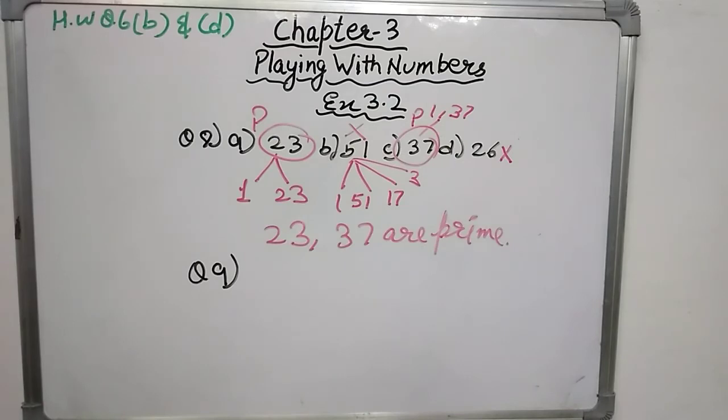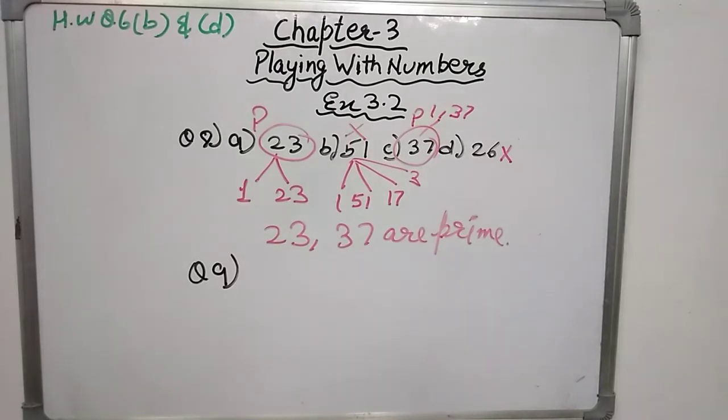Question number 9 is, write 7 consecutive composite numbers less than 100 so that there is no prime number between them. In this question, we need to write 7 consecutive composite numbers between 1 and 100.